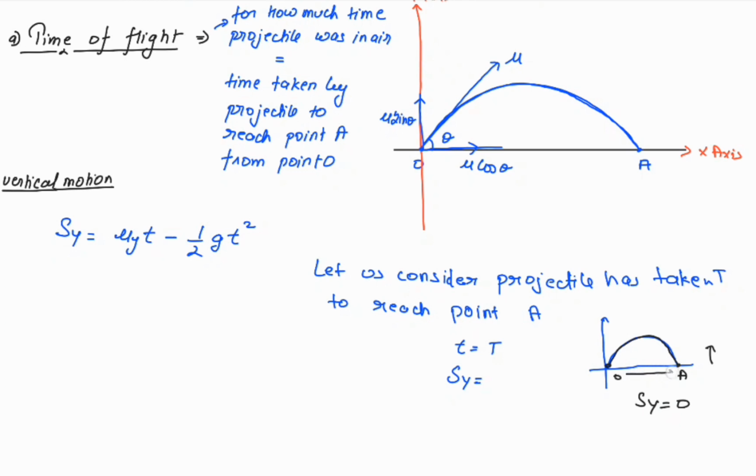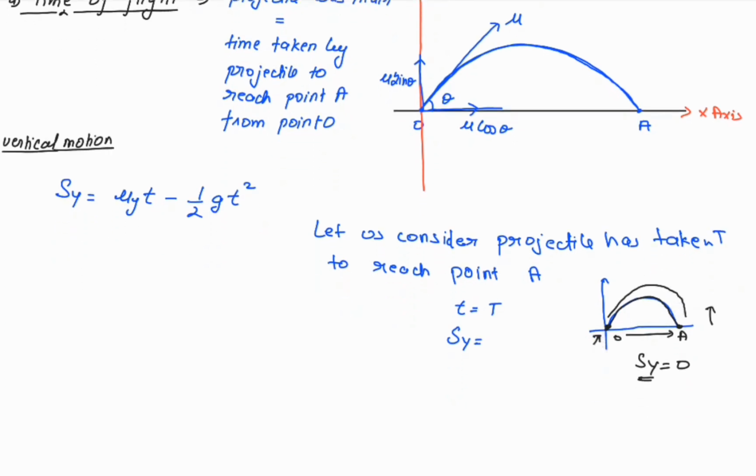It has covered some distance in the x-axis, but the initial and final point is 0 as per the y-axis. S of y is a displacement, so in the y-axis this S of y is going to be 0.